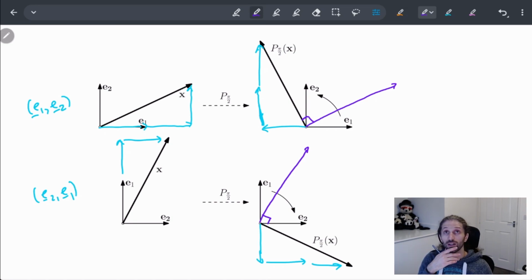I talked about this two weeks ago in the review session: the choice of the rotation, the angle that we go, is dependent on our arbitrary choice. This is what we mean by this arbitrary choice. The direction we go is dependent on our chosen orientation of our basis. So our basis is really saying which direction this should go. I can go one way or the other way depending on it.